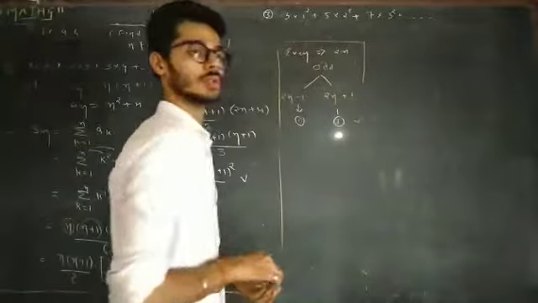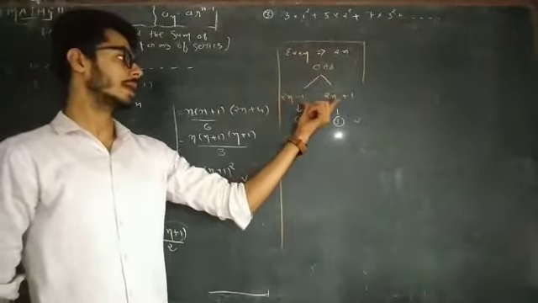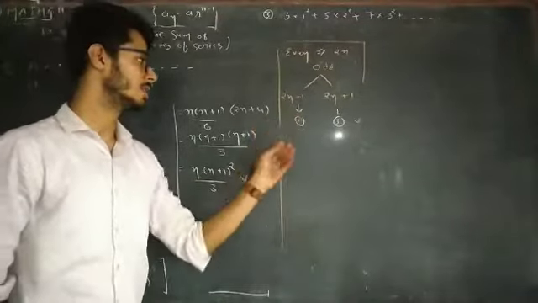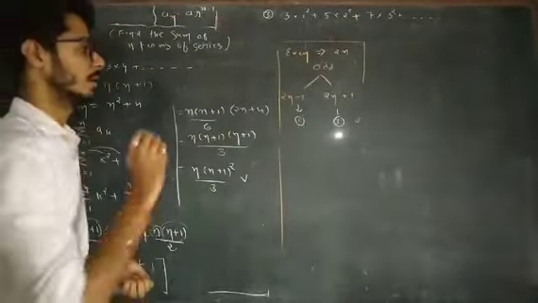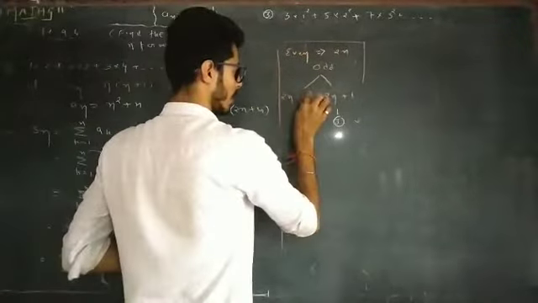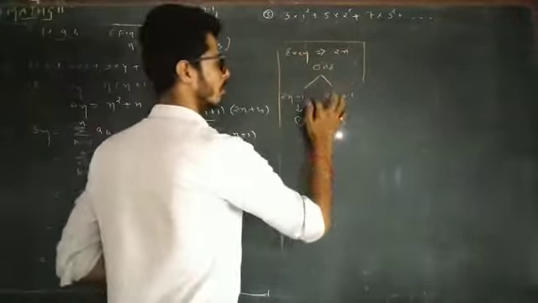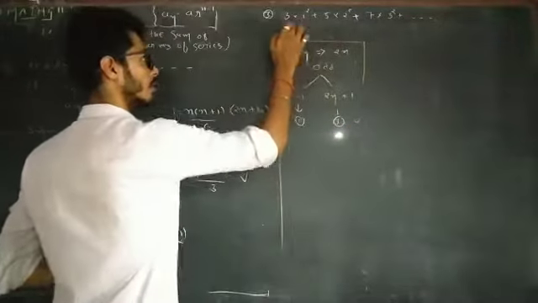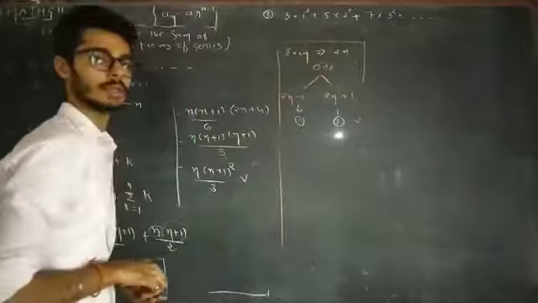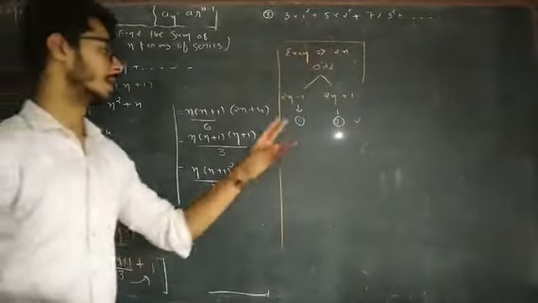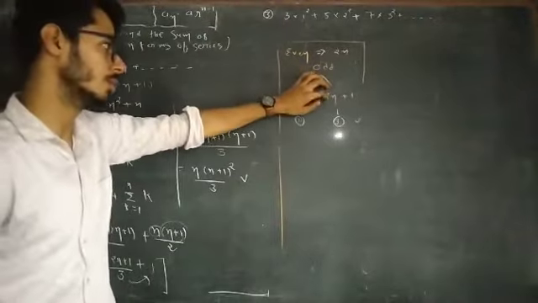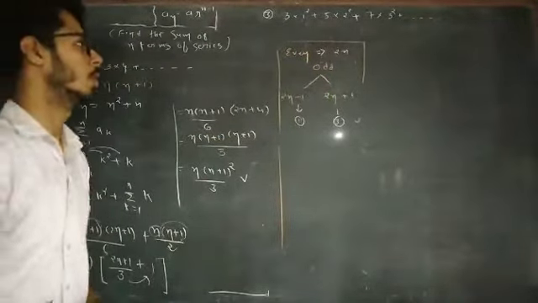The second one, 2n plus 1. See, both terms will give us odd numbers. So 2n minus 1 gives us 1 and 2n plus 1 gives 3. But what we want over here is the number 3, so we have to use 2n plus 1 for odd terms. Both can be used, but particularly for this special series we have to use 2n plus 1 over here.